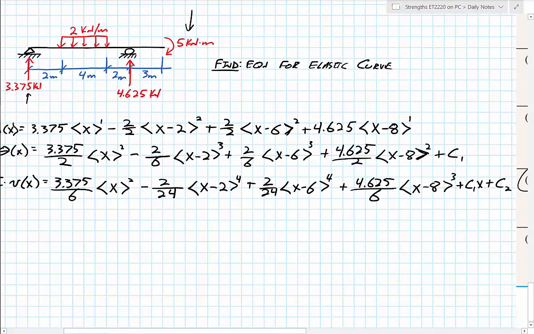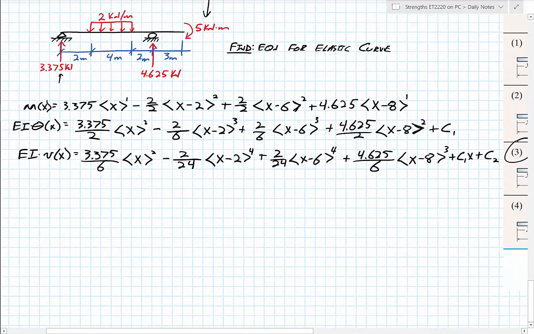Now I have those equations. I want to use the boundary conditions to solve for those constants of integration. So what do I know? Well, once again, I don't know anything about the slope on this one, but I do know that the deflection is 0 at the supports. So at x equals 0, my deflection must be equal to 0. It's usually an easy one.